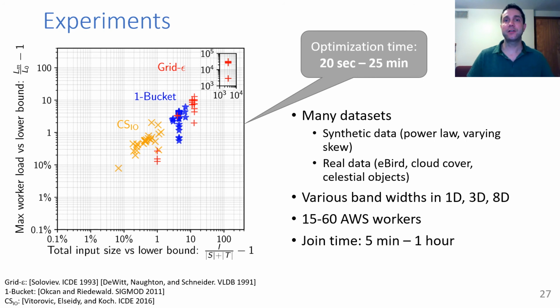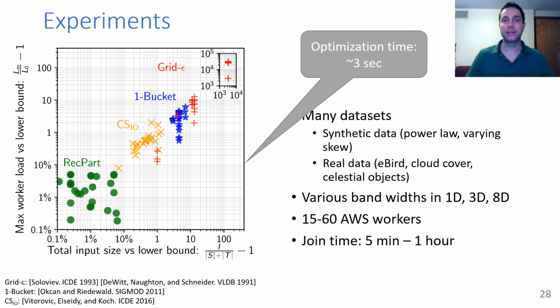This means that CSIO requires careful tuning to not exceed the join time. In our experiments, it turned out that for the best configuration, CSIO's running time for optimization rivaled the actual join time afterwards. So where join time was between 5 minutes and 1 hour, CSIO needed about 20 seconds to 25 minutes in some cases to find the partitionings.